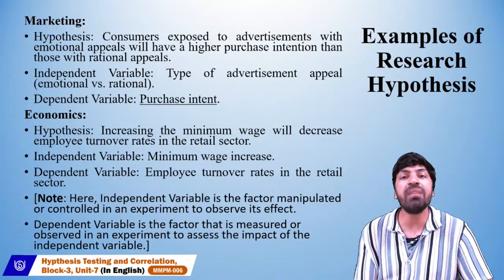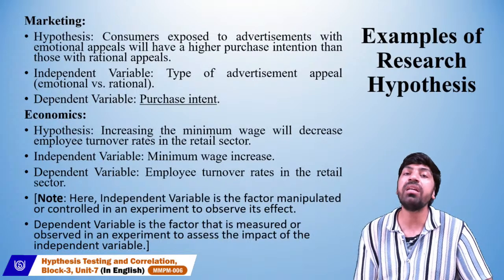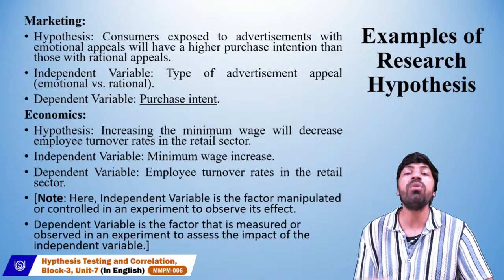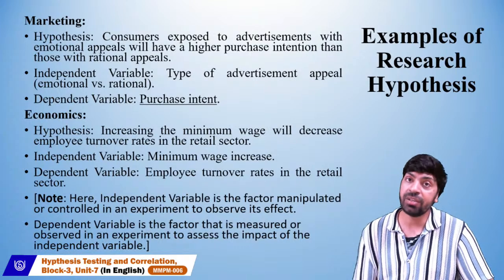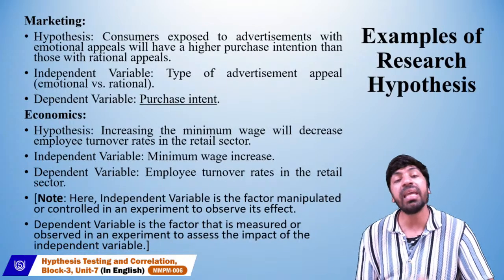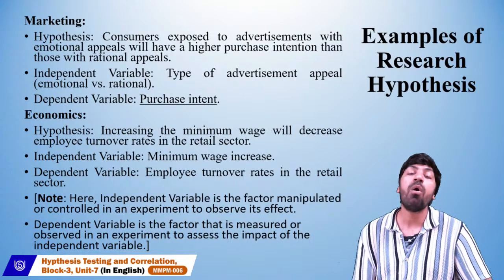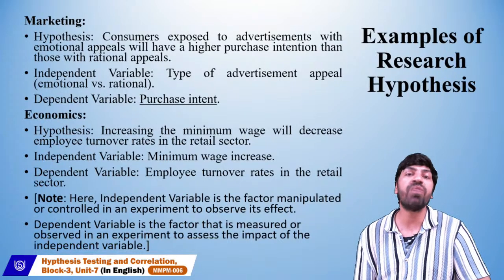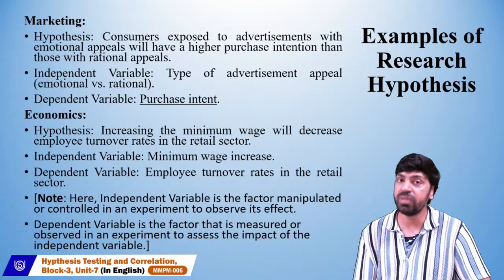The independent variable is measured, observed and controlled in an experiment to observe the effects on it, but the dependent variable can be measured and observed in an experiment to assess the impact of the independent variable. So this is the basic difference between the independent and dependent variable to understand the concept of the research hypothesis.